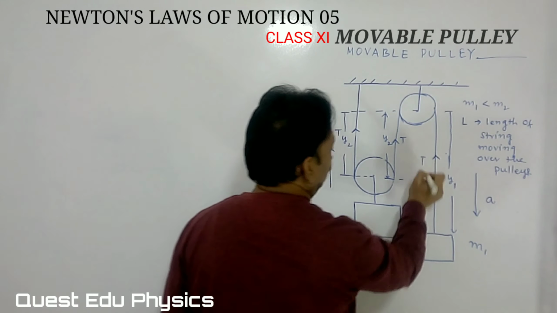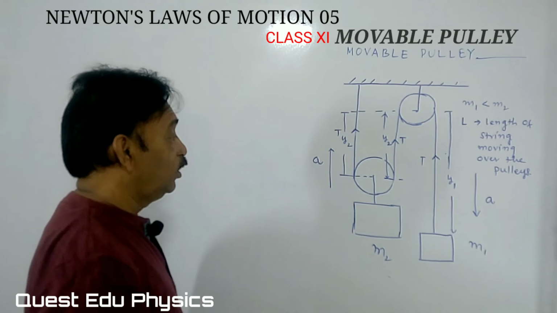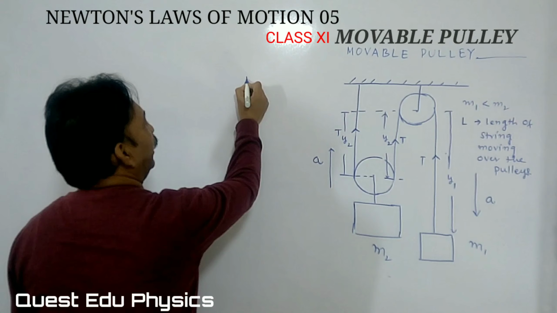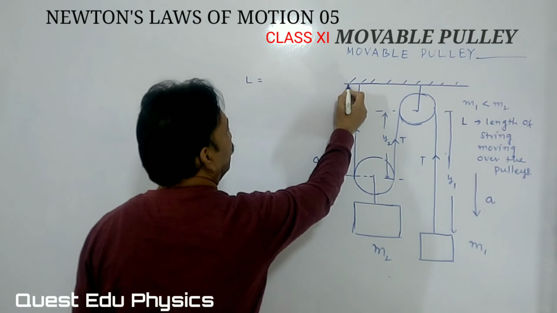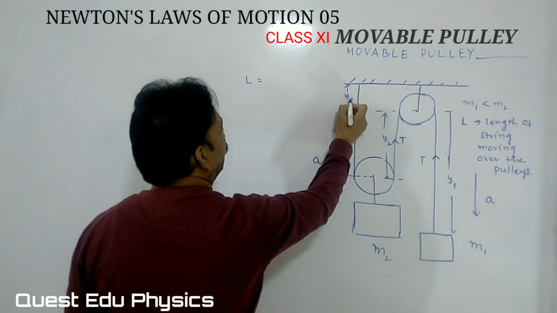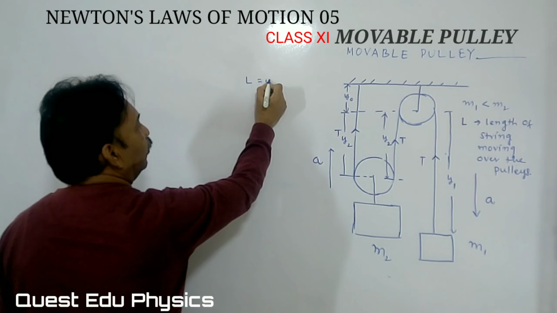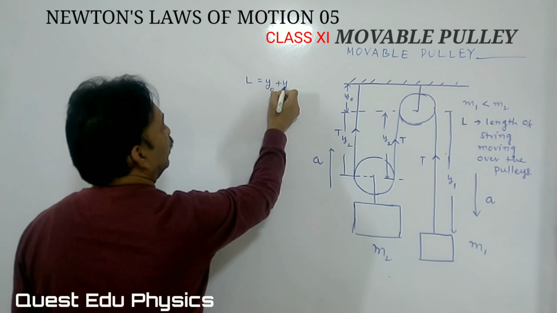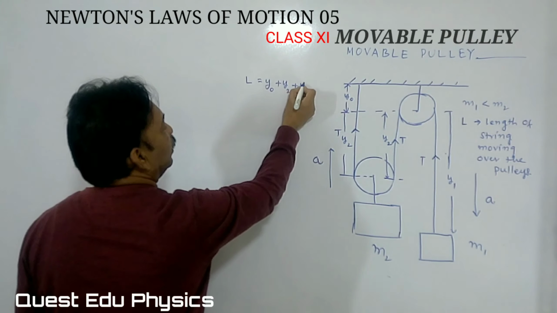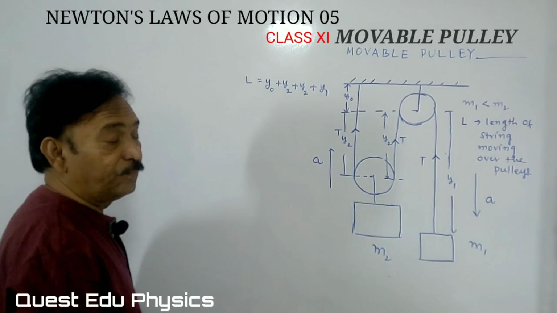Then we can write the total length L must be equal to, let's say this length, I am taking it as y0, it is a fixed one, y0 plus y2 plus y2 plus y1.